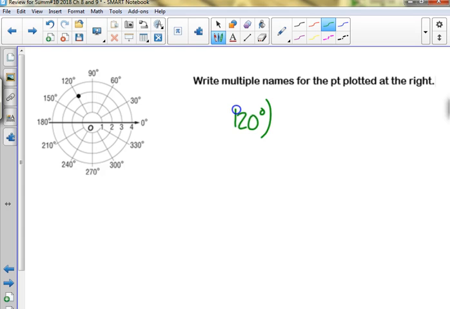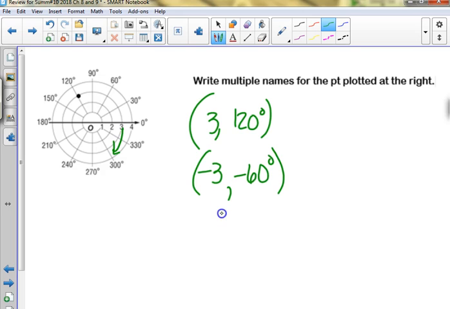If you went around 120, you went out 3. Okay. What else could you tell me? Negative 3 and negative 60. There's a tricky one. So you went this way 60, but then backed up 3. What if you didn't go negative the 60?